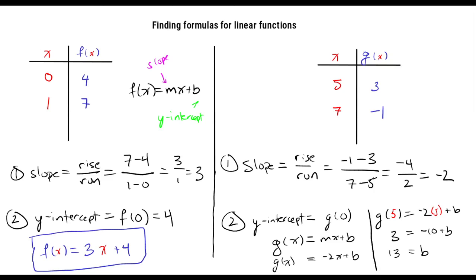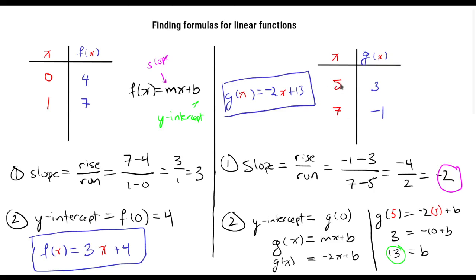And so we combine our slope -2 with our y-intercept 13, and we get g of x equals negative 2x plus 13. And if you compare this with our table, you're going to see that all of it matches.